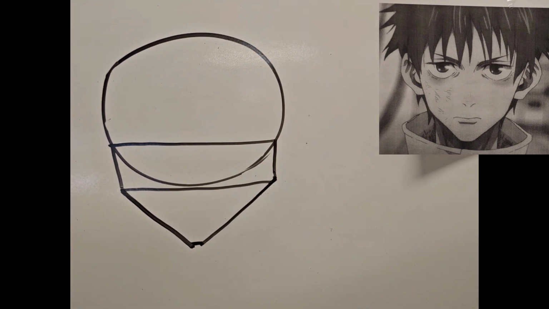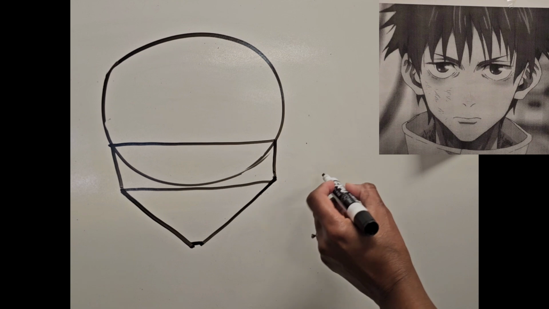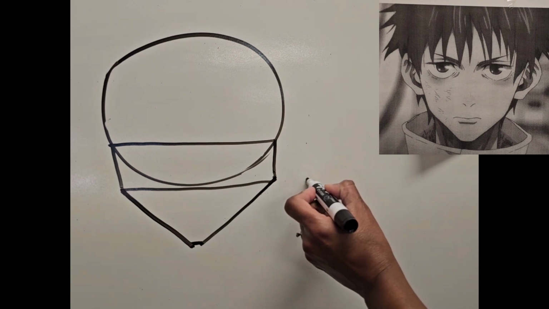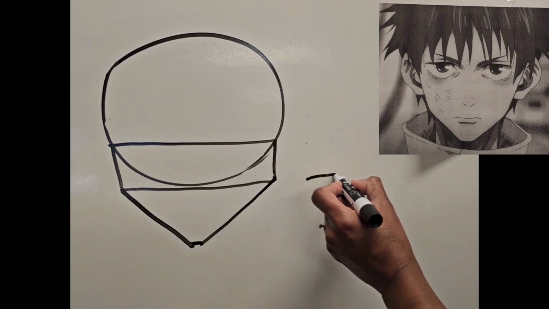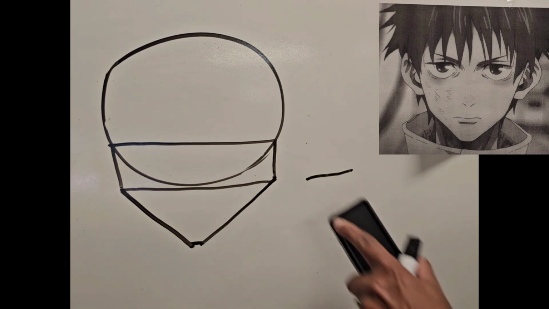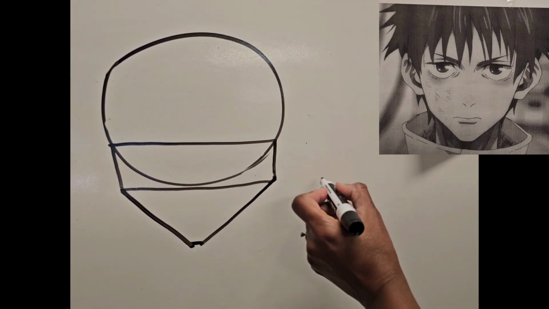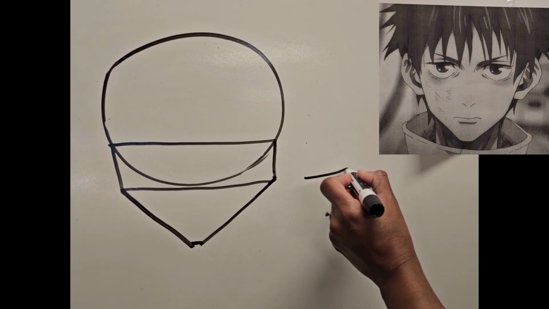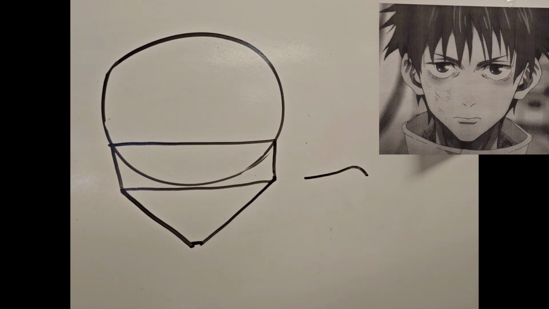Let's see where I can start. I'm going to start right at the top of the eyelid, and I'm just going to draw it right here on the side. It looks like a line that goes up. Okay, forgive me, I'm going to erase that because I don't like the way that looks. It goes up a little bit, and then it comes down on a curve like that.